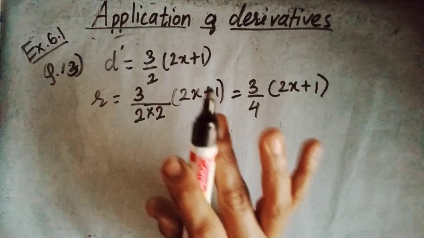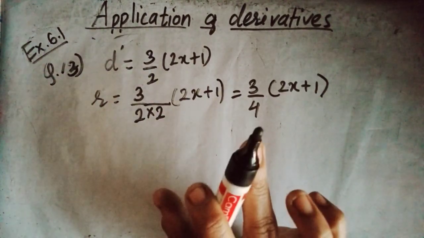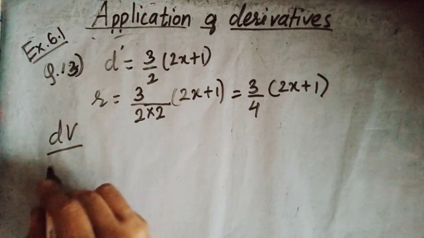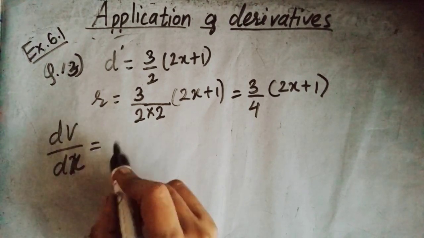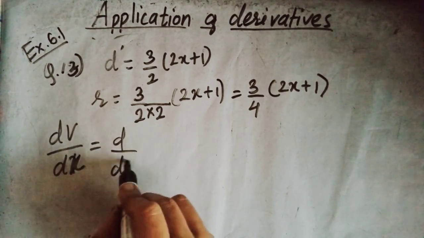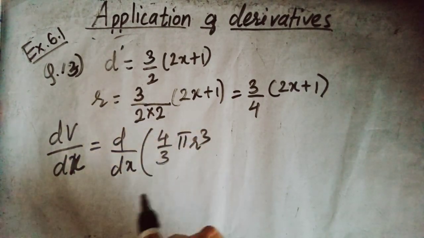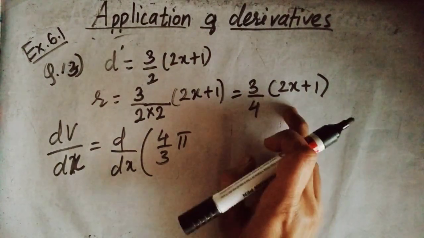Now you have to find the rate of change of its volume with respect to x, not with respect to t. So dv by dx you have to find. Its volume is 4/3 pi r cube, right? So in place of r you have to substitute this value.